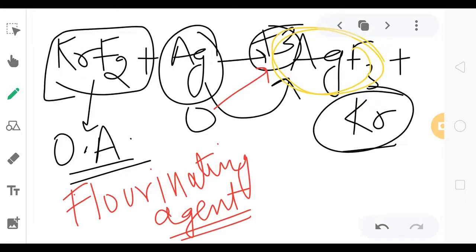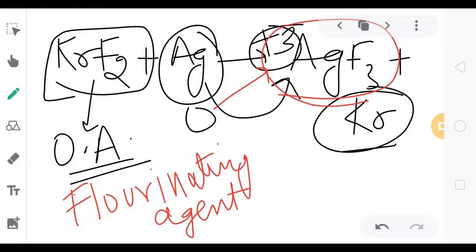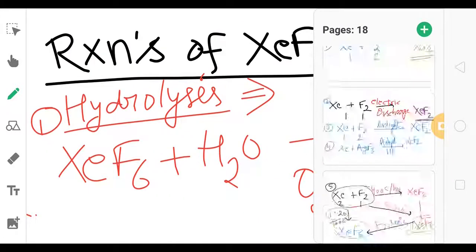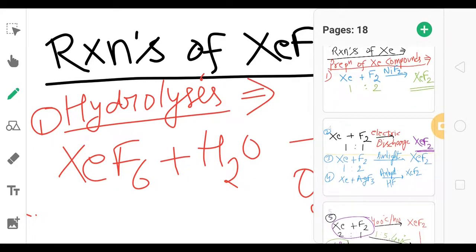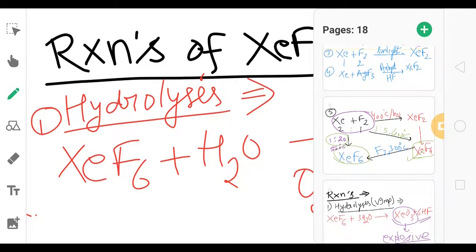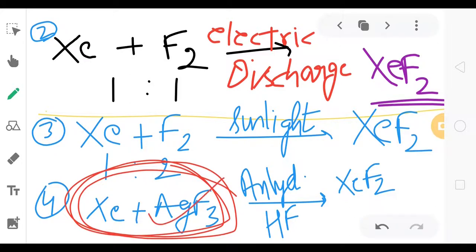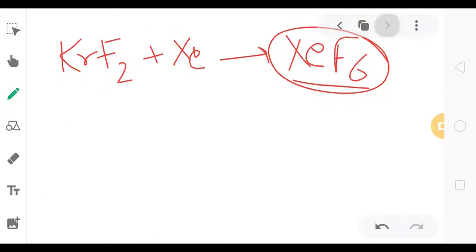One important thing I forgot to tell you, that this AgF3 we had used in the synthesis of XeF2. Sorry, in the synthesis of XeF2 we had used AgF3. So here you can connect all these things for your memory. So xenon hexafluoride we had prepared from KrF2 as well.